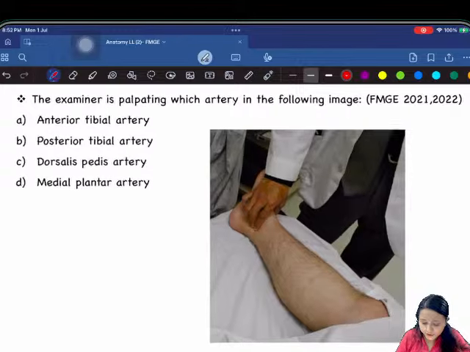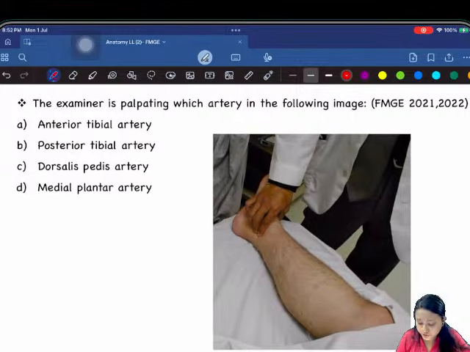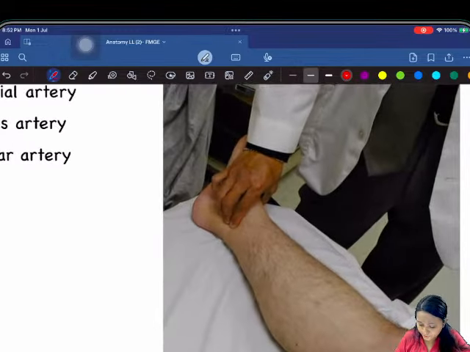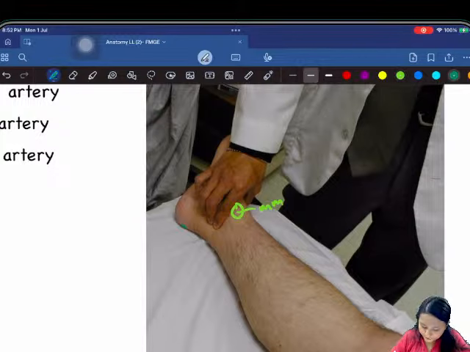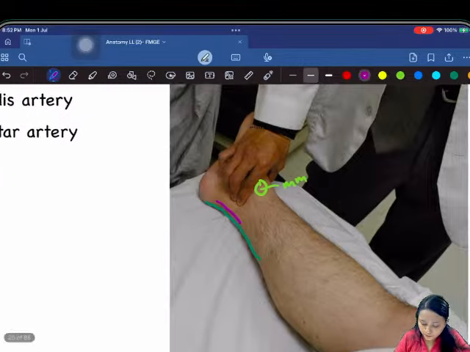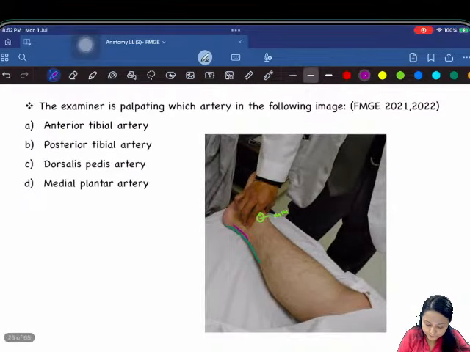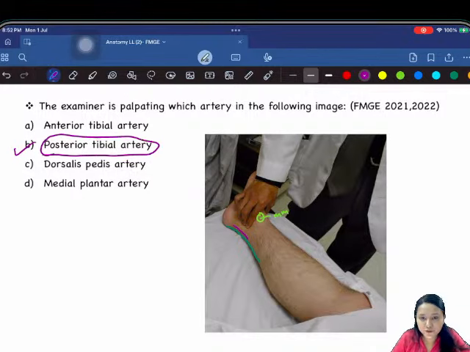Similarly, they have given an image and asked in which of the following images the examiner is palpating the artery. You can see here, this is the medial malleolus, this is the tendoachilles, and at its medial border, between them, he is palpating. So this will be the posterior tibial artery.